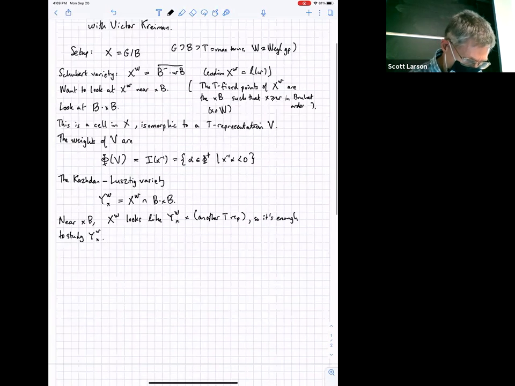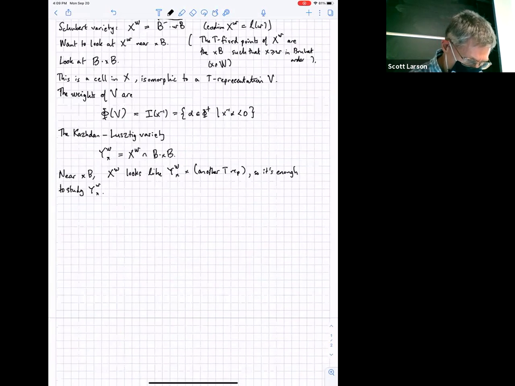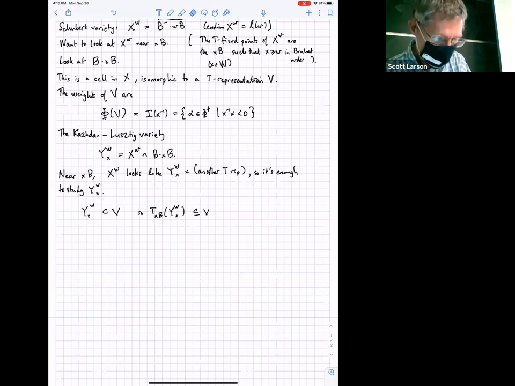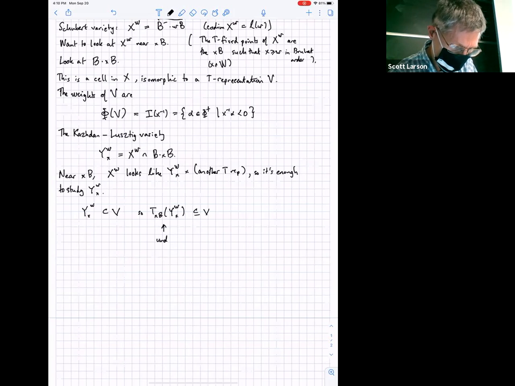YWX can be thought of as a subset of V, which is just a vector space. So the Zariski tangent space at XB of YWX is also contained in V. And this is the space that we're actually trying to understand. Our ultimate goal, which is not achieved, is to understand this space.